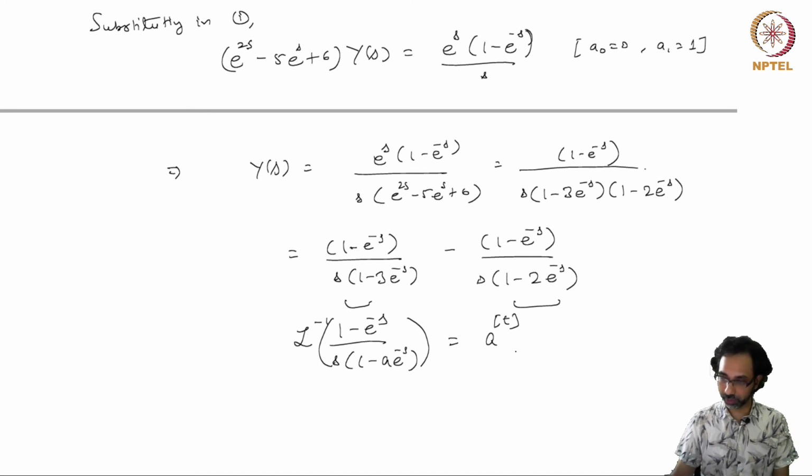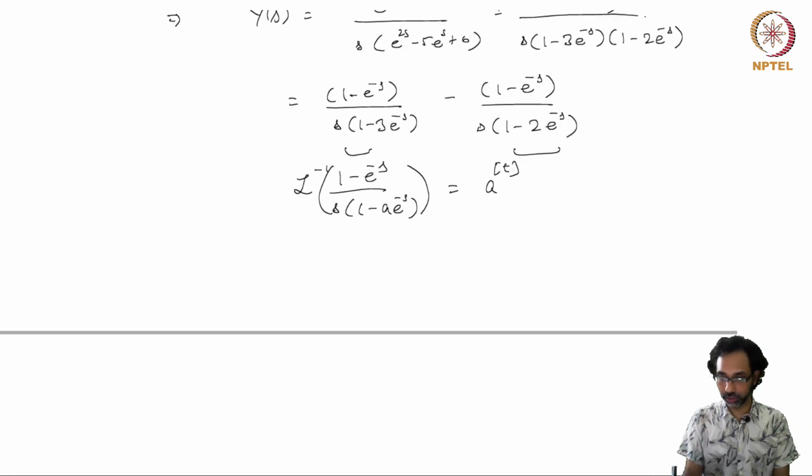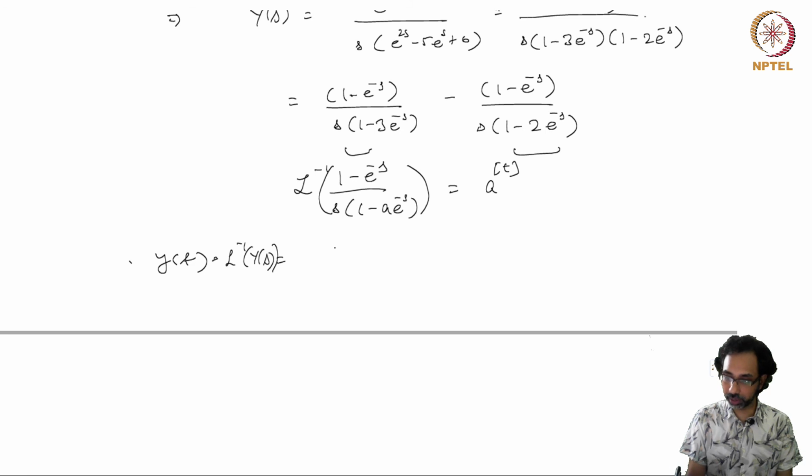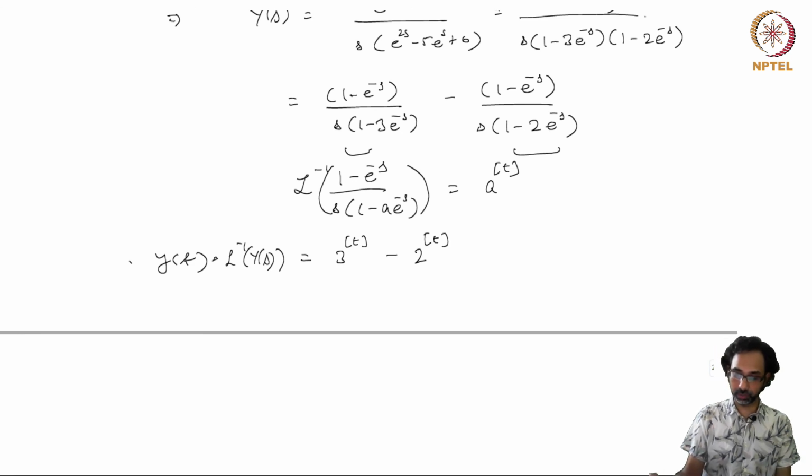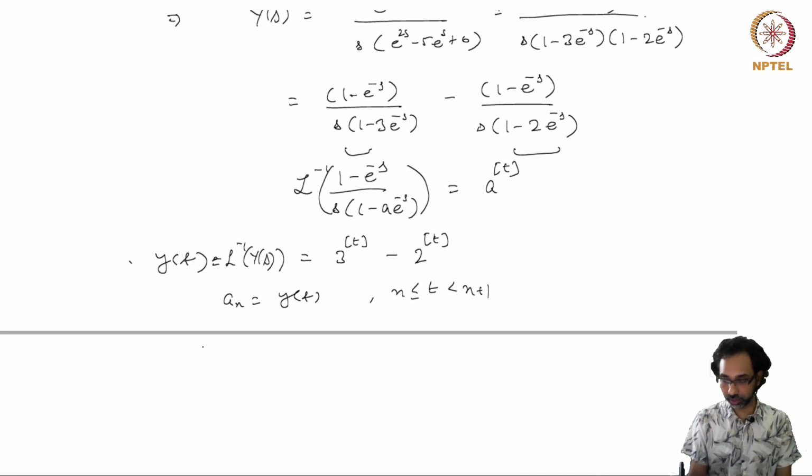So we get the solution as, y(t) is the inverse Laplace transform of Y(s), and this is given by, let me write it in terms of t first, 3 to the power the greatest integer part of t minus 2 to the power the greatest integer part of t, and so since a_n is y(t) for n less than or equal to t less than n plus 1, this implies that a_n is 3 to the power n minus 2 to the power n.